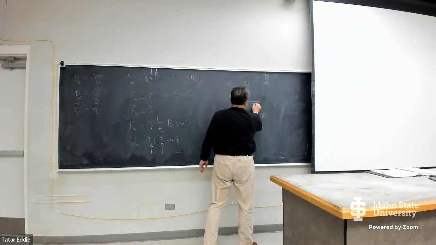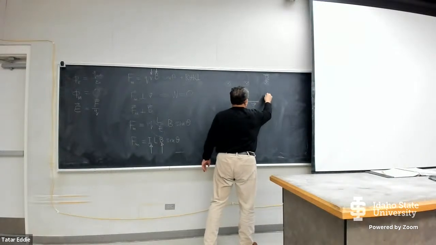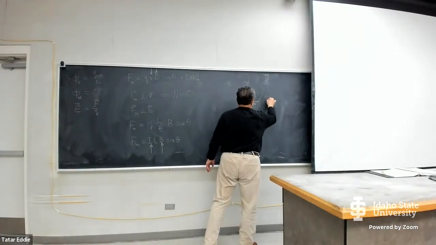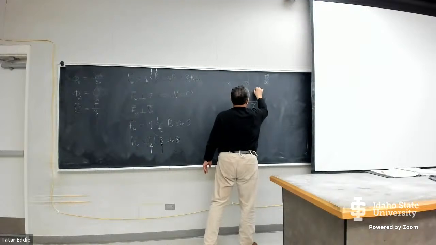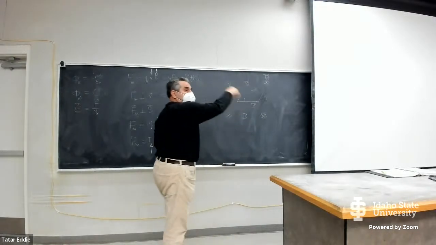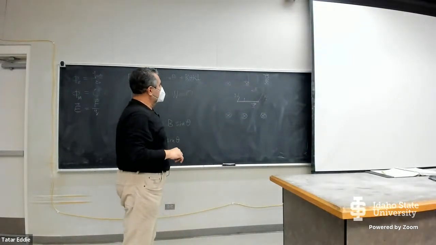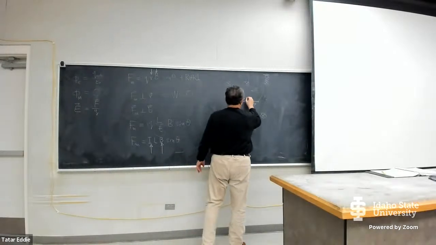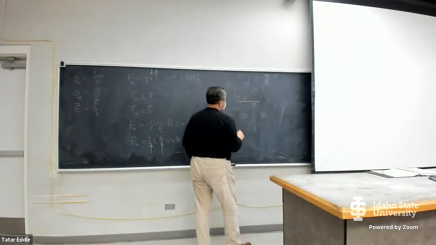Well, if the current is flowing this way on this side, it is going to be flowing this way on this side. It is going to flow this way here and this way here, so that it goes around. So this is the magnetic force on this piece.